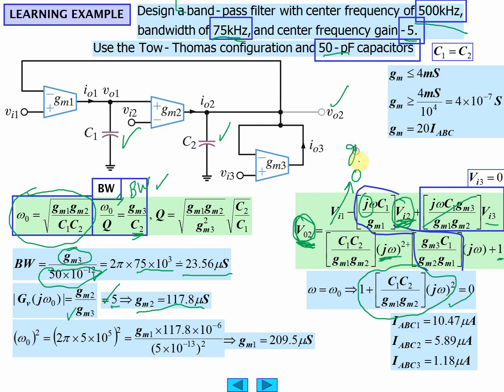So GM3 equals, where's the bandwidth? 75 kilohertz, 2 pi times 75 E3, 75 times 10 to the third hertz. And 50 times 50 E negative 12. Okay, 7,500 pi.